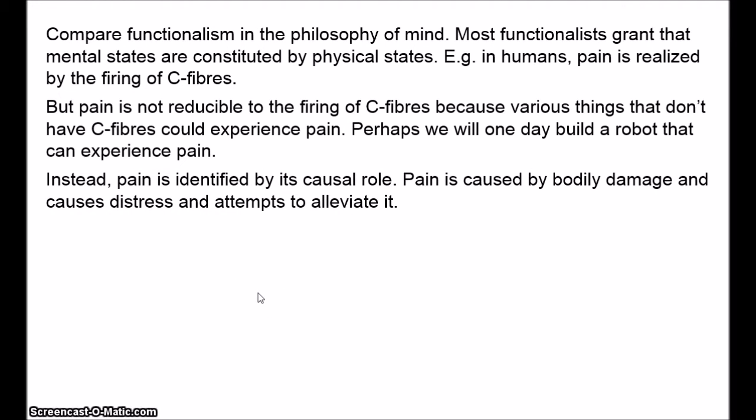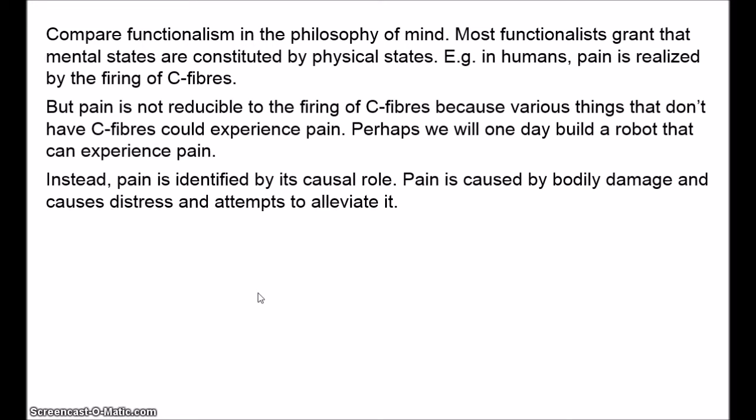Certain stimulations typically cause pain, and certain behaviours are typically produced by pain. Pain is typically caused by bodily damage and typically causes distress and attempts to alleviate the pain. Anything that has this causal profile is a pain.